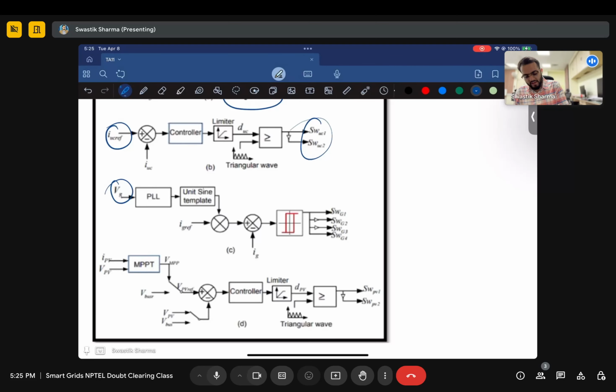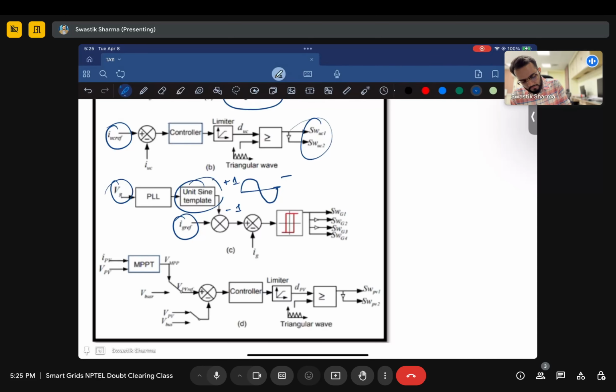So we have a unit sine template, right? It's just a unit sine signal moving between +1 and -1, and what this does is it modulates the received reference signal onto this sine wave, and this sine wave behaves according to how the phases are.